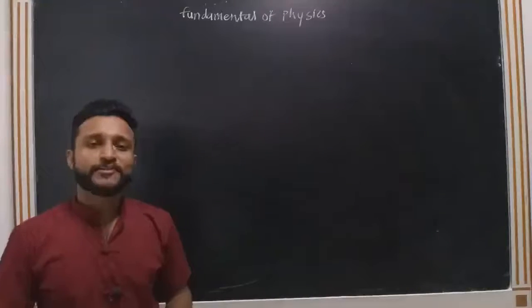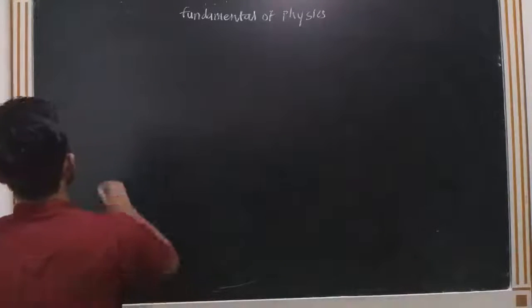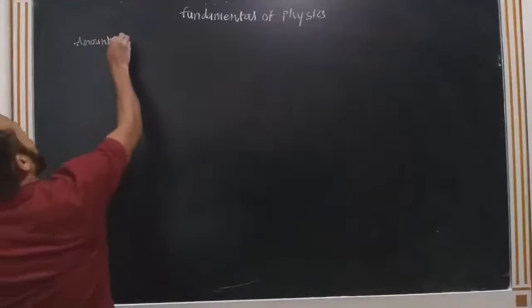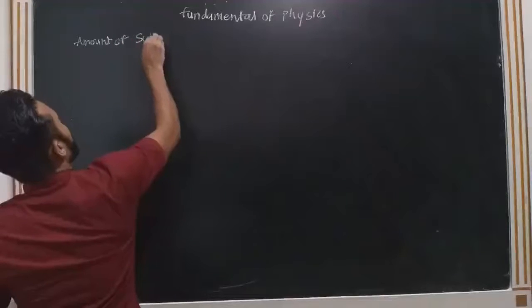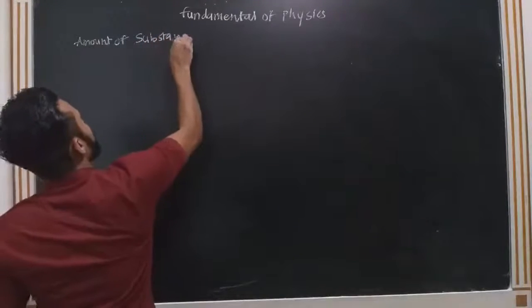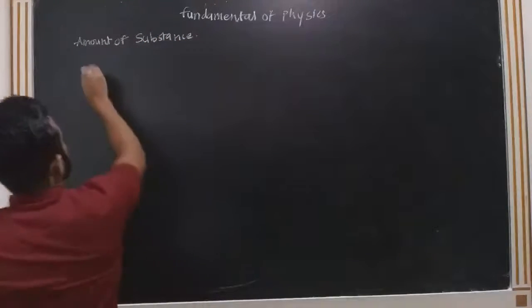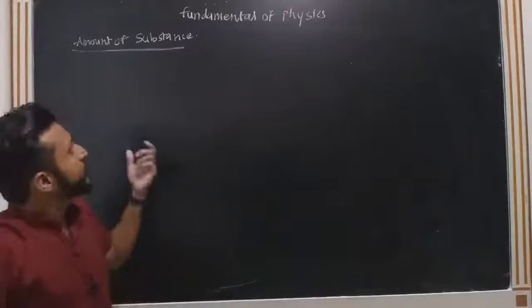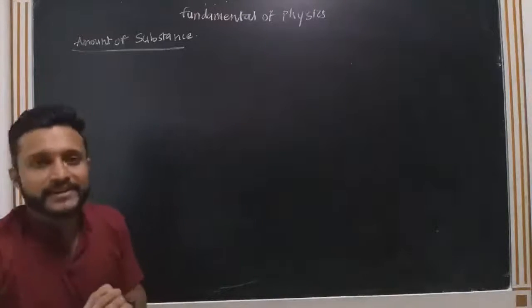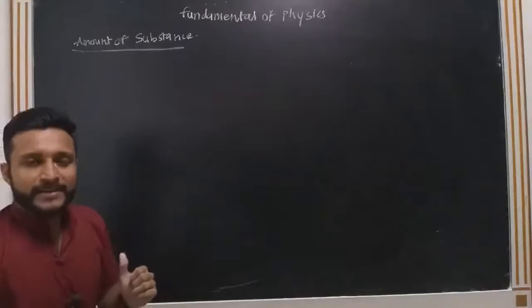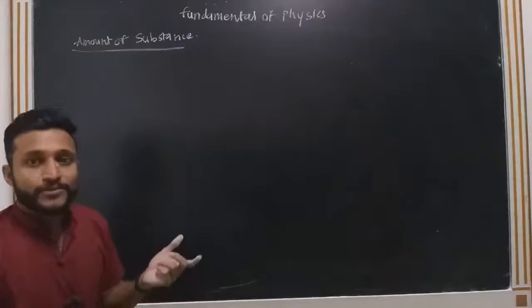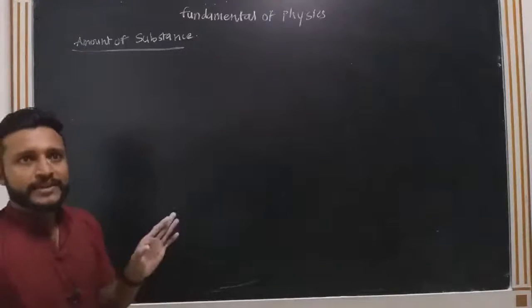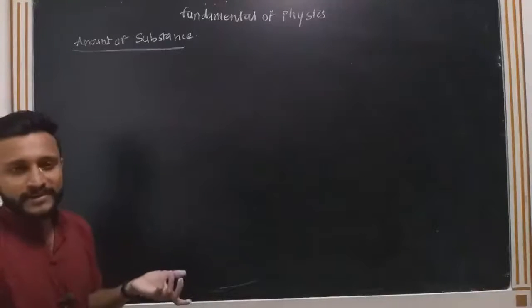Alright, now the next point is amount of substance. The amount of substance is a physical quantity which measures the matter. We know that matter is classified into solid, liquid and gaseous. So everything in nature is nothing but matter.